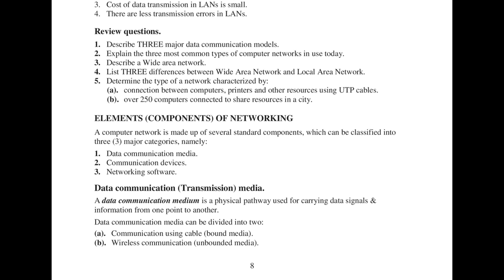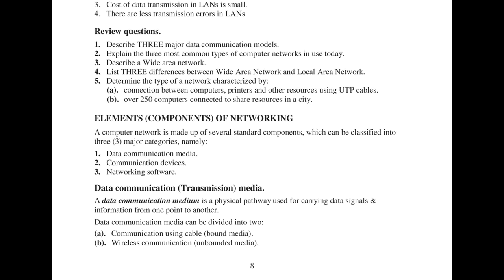That's why we have now the Wi-Fi, where you can use wireless communication, or you can use the Ethernet, that is the cable communication. So, data communication media or transmission is the physical pathway used for carrying data signals and information from one point to the other.